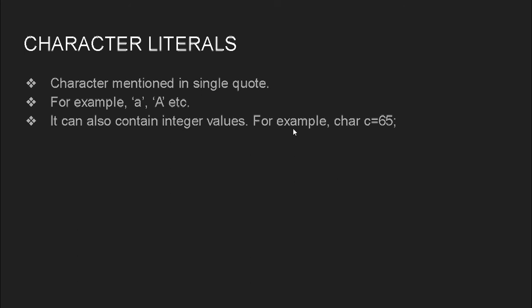So here char c is 65. This 65 is a kind of character literal. Actually it is an ASCII code, as I told you a couple of tutorials ago. This 65 is the ASCII code for a character, and that particular character is what gets stored in the variable c, which is declared here.